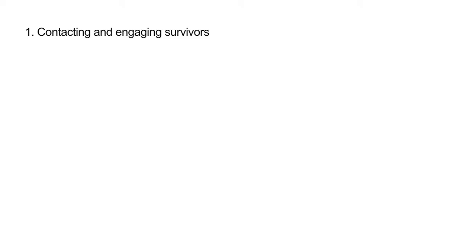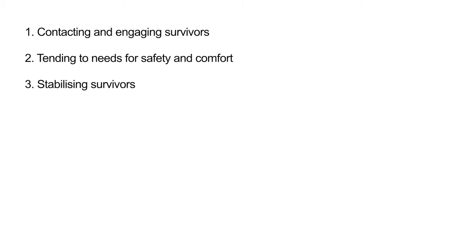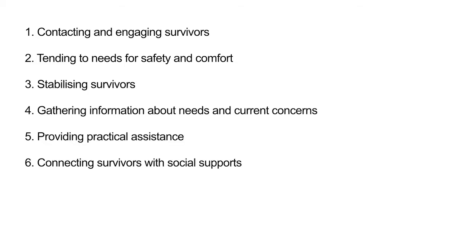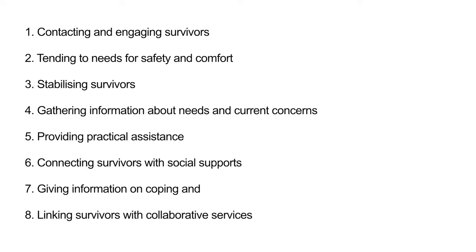Although not all 8 will be uniformly central to your helping efforts, the 8 core actions are contacting and engaging survivors, tending to needs for safety and comfort, stabilising survivors, gathering information about needs and current concerns, providing practical assistance, connecting survivors with social supports, giving information on coping, and linking survivors with collaborative services.